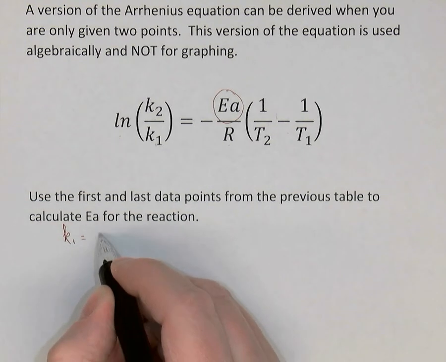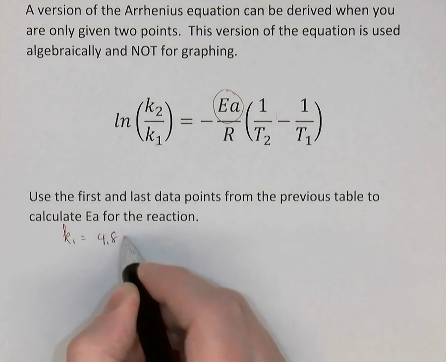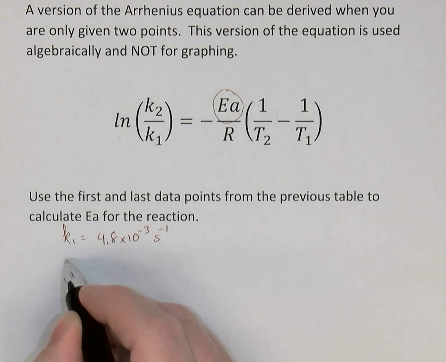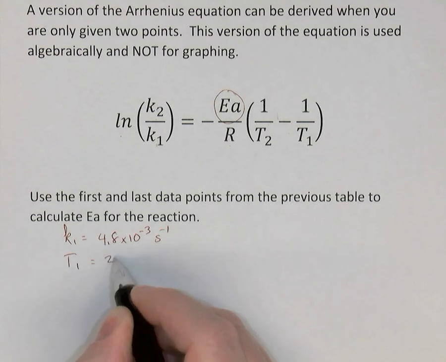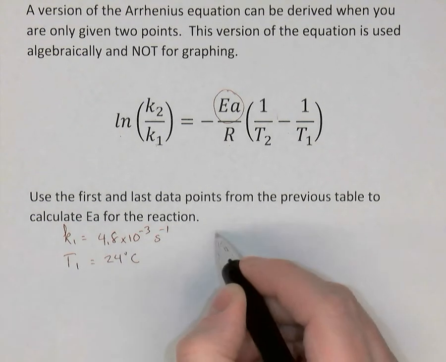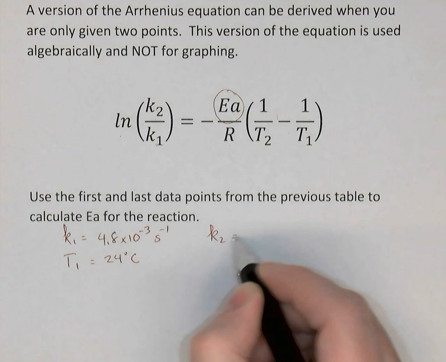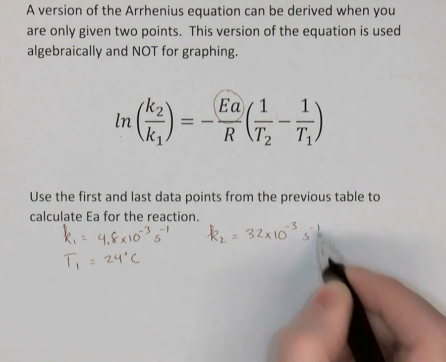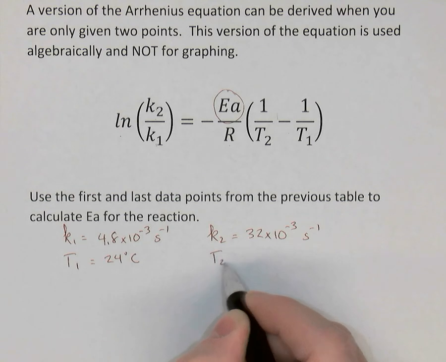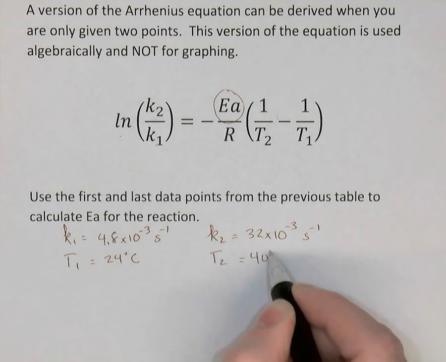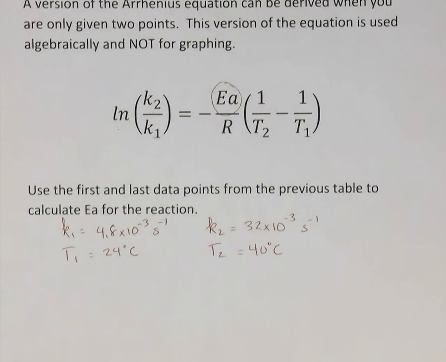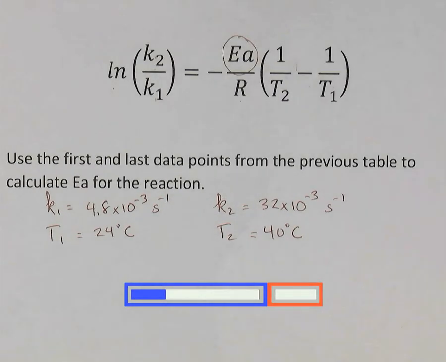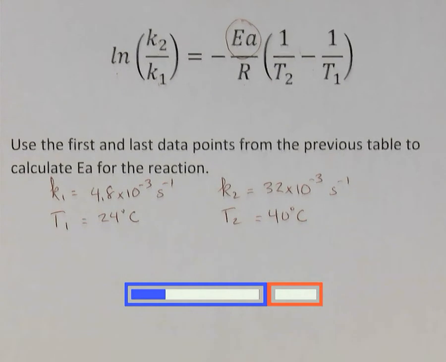So K1 was 4.8 times 10 to the minus 3 per second. T1 was 24 degrees Celsius. K2 is 32 times 10 to the minus 3 per second. And T2 was 40 degrees Celsius. So using that data, let's calculate algebraically the value of EA.